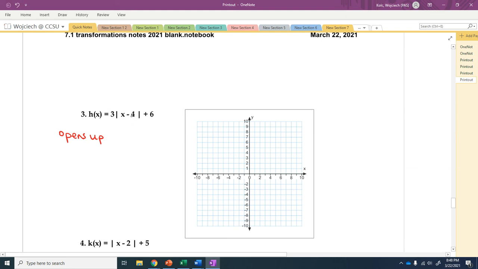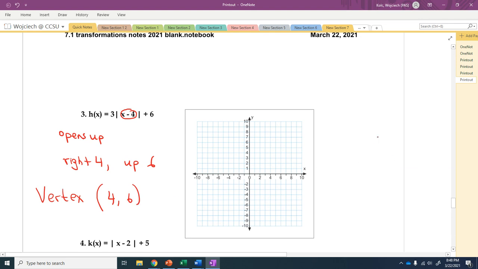But let's also talk about the shifts. This x minus 4 means right 4. This plus 6 means up 6. So the most important thing is, where is the new vertex? The new vertex will be 4, 6.